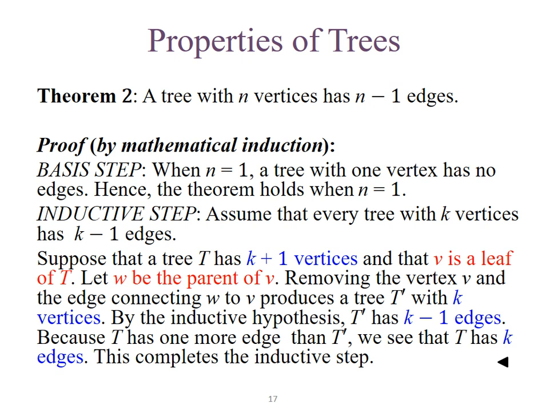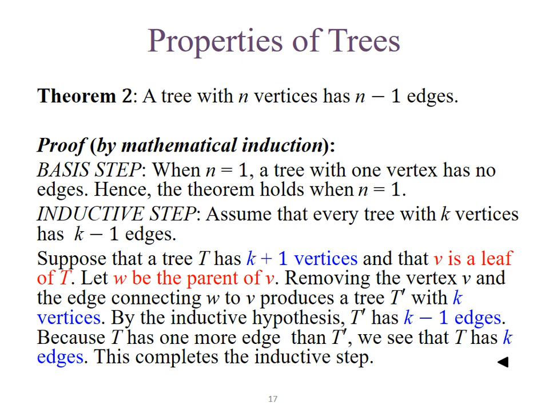This is P(k). Then when we need to prove P(k plus 1), that means we have 1 more vertex than the tree with k vertices. Based on the original tree, we can add 1 edge and 1 vertex, so that makes this tree have k plus 1 vertices.